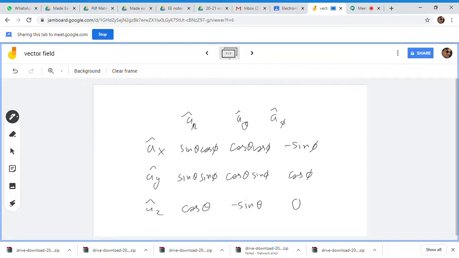Okay, these two tables you have to learn, and then we will solve a problem tomorrow. Tomorrow I will also give you one assignment which you have to submit. Okay, for today this is it.